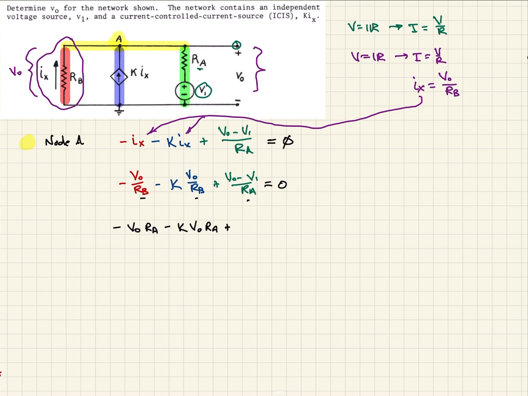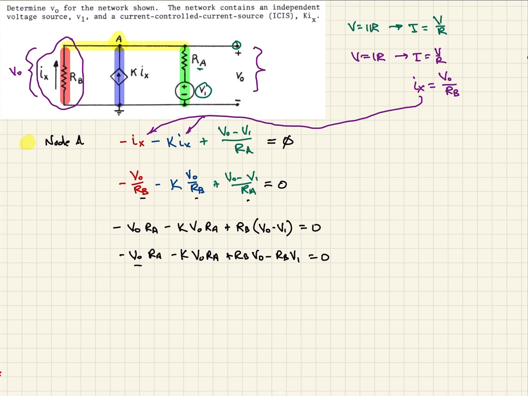And then we get plus RB, because the RA's cancel out, times V0 minus V1. And this all has to equal 0. If we multiply the rest out, it's minus V0 RA minus K V0 RA plus RB V0 minus RB V1. And this again equals 0.